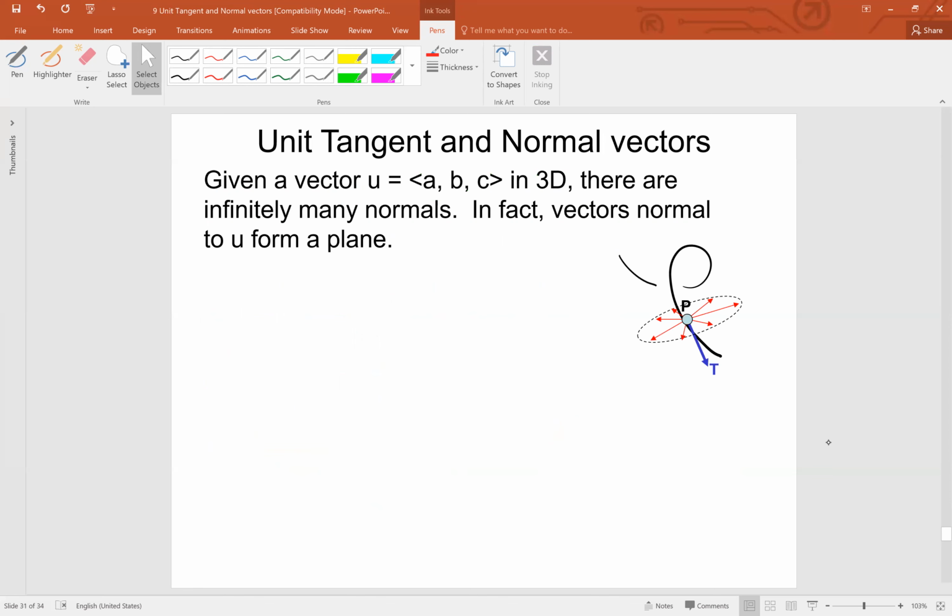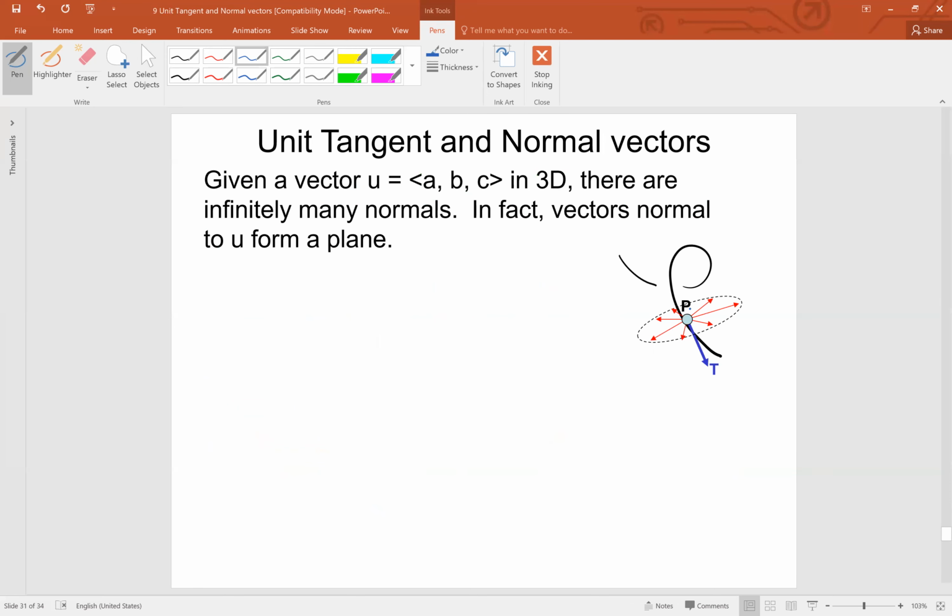And in 3 dimensions, of course, when we calculate the unit tangent and take the derivative of the unit tangent, we get a normal vector, which is perpendicular to the unit tangent. But in 3-space, there are infinitely many normal vectors.